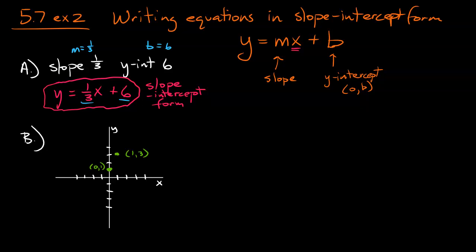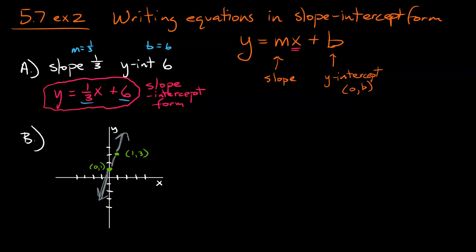I think I can draw this. That's pretty rough, but we'll go with it. So there's a line that goes through those 2 points. We're going to use these 2 points to figure out the slope-intercept form.